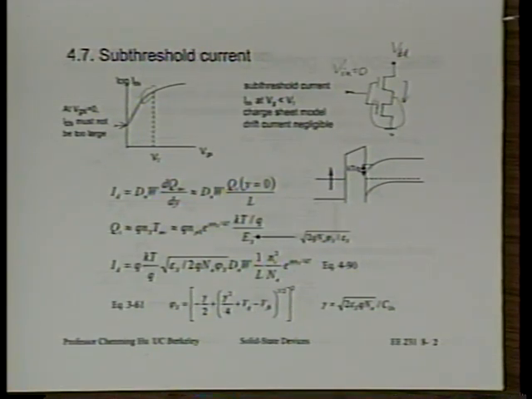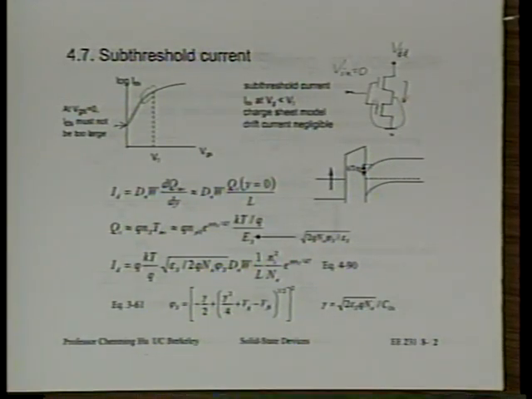Now that's where even 1 microamp leakage per transistor is going to kill you, right? If you have 1 microamp leakage per transistor and 100 million transistors on a chip, this means the chip is going to take 100 amperes, even if there's nothing going on, right? And no battery can tolerate that. So that's why we have to keep this leakage current extremely low, right? Okay.